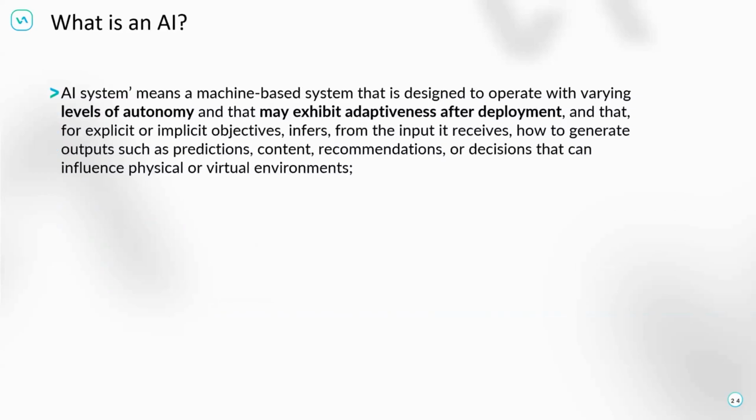So, going back to the standard, what is actually AI? That is one of the main things in the AI Act, because it talks about a machine-based system operated with varying levels of autonomy that may exhibit adaptiveness after deployment. Since it only says may exhibit adaptiveness, the AI can or cannot change after deployment.